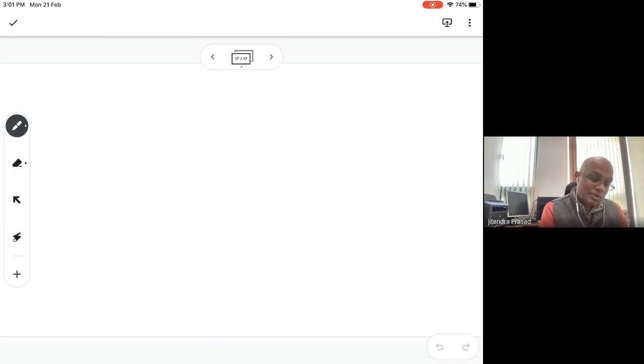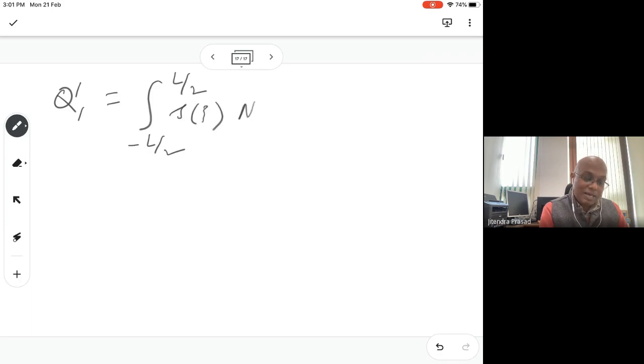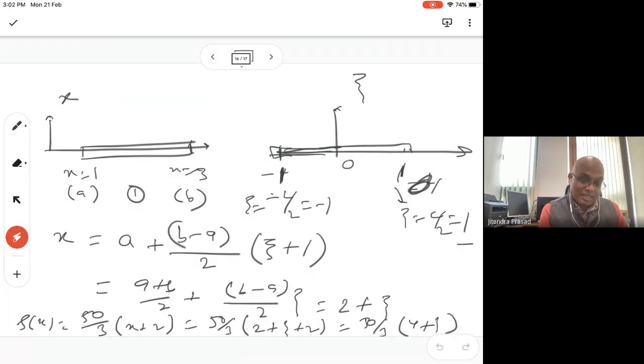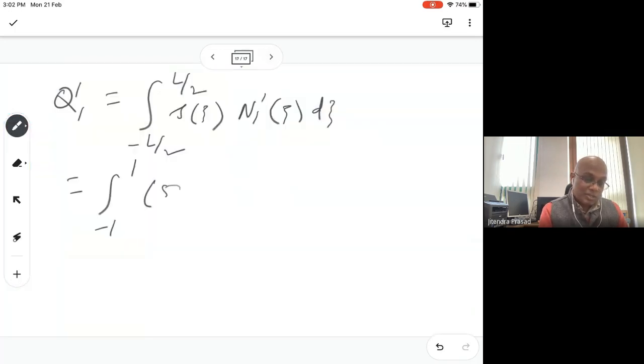Now you can do it. So Q, because of the element 1 at node 1, is equal to the integral from minus L over 2 to plus L over 2 of S of xi multiplied by N1 of xi d xi, which is equal to minus 1 to 1, since L is 2. S we found out already, which is 50 over 3 divided by (4 plus xi).